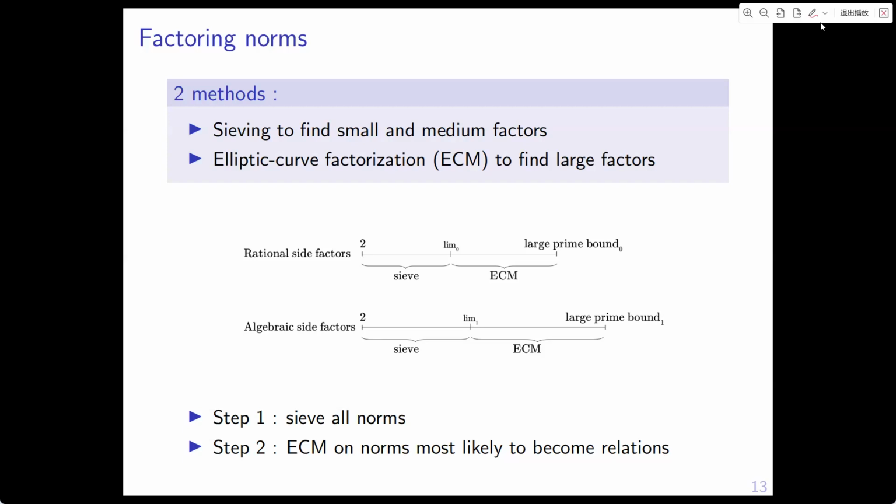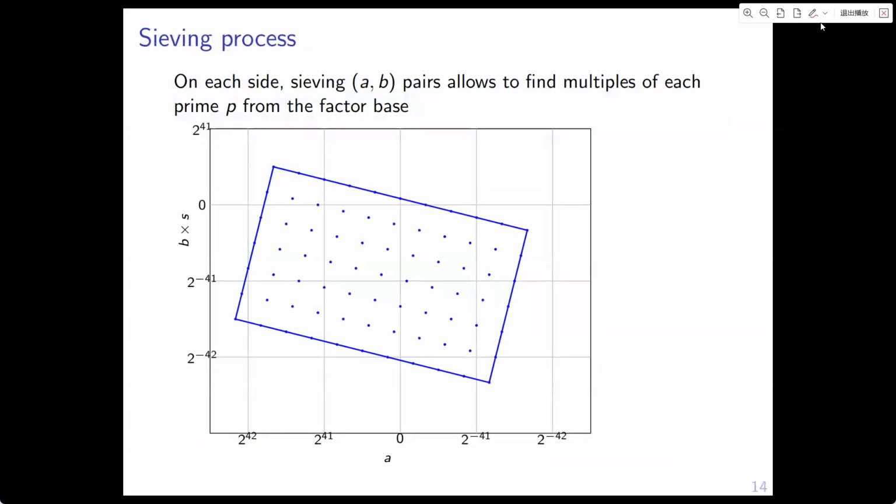So the first step is to sieve all norms, thanks to the structure of the AB pairs, and the second step is to use ECM only on the most promising norms, only on norms most likely to become relations. I will explain a bit later what that exactly means. This is what sieving looks like.